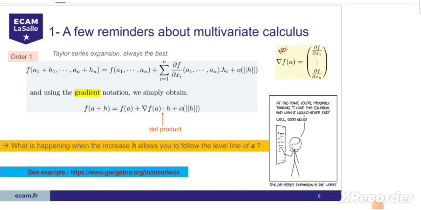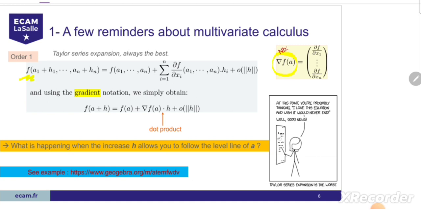All right. So this is our first order Taylor series expansion. I've rewritten here the same one as in the previous page. The good thing is that we have some great notation, gradient notation.